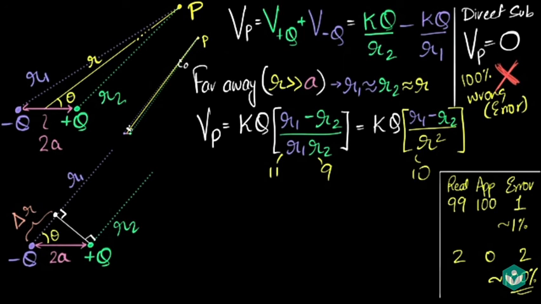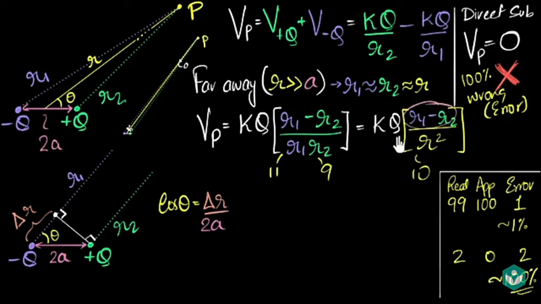Can you figure out what delta R is going to be from trigonometry? This is the final part. In this triangle, we know the hypotenuse, so I am going to use cos theta. From here I can say cos theta equals delta R divided by 2a.